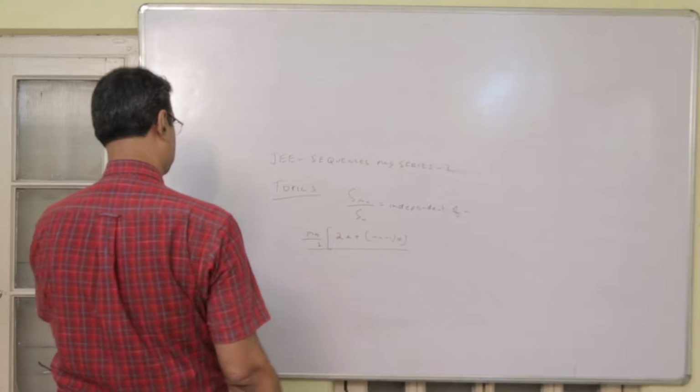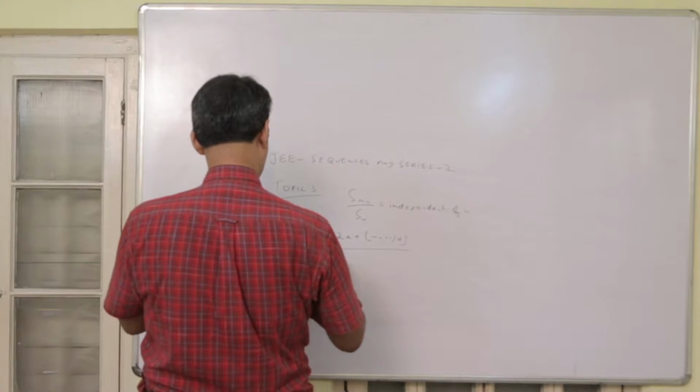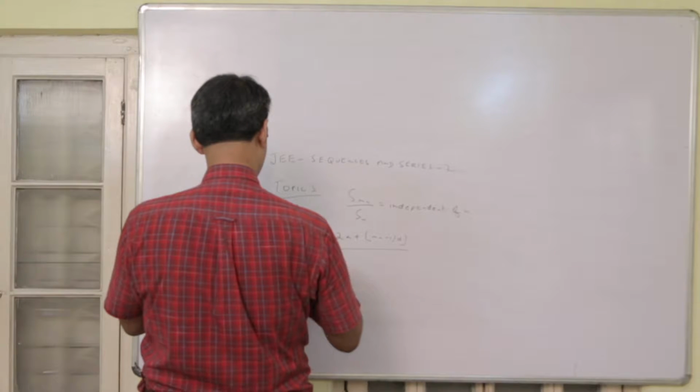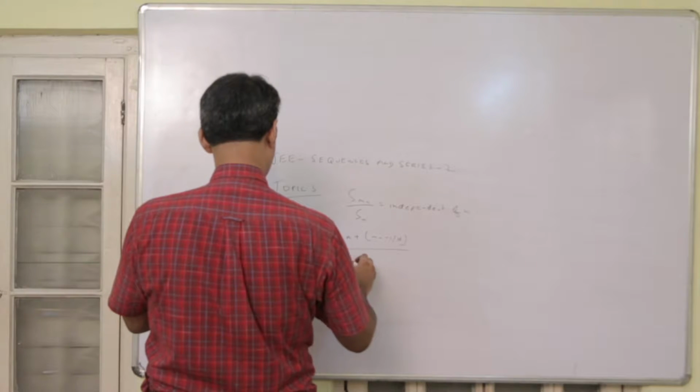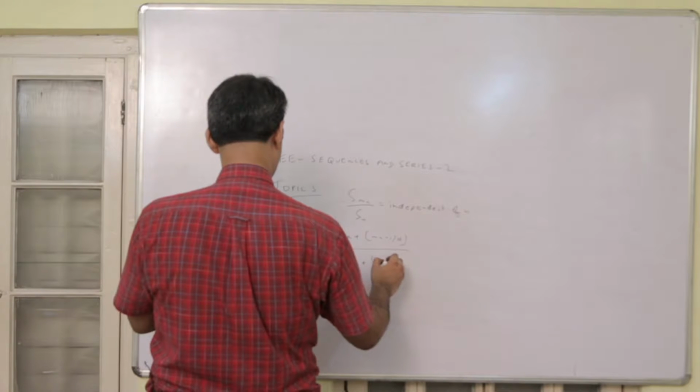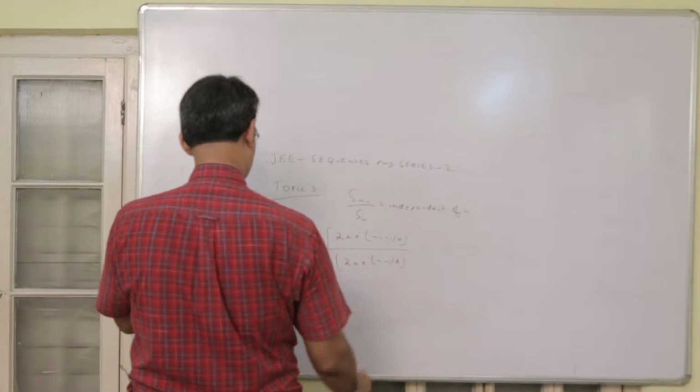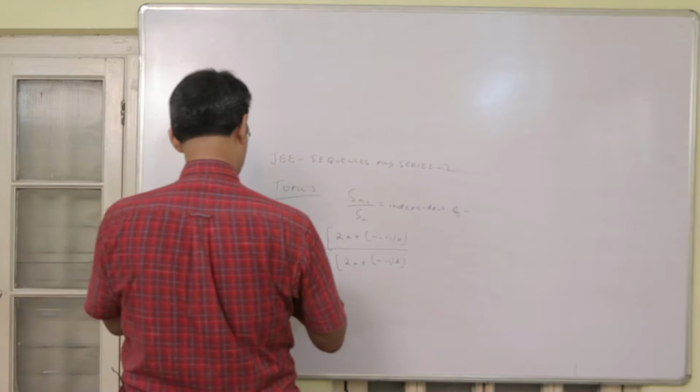So this is the sum of mn terms, and this is the sum of n terms.